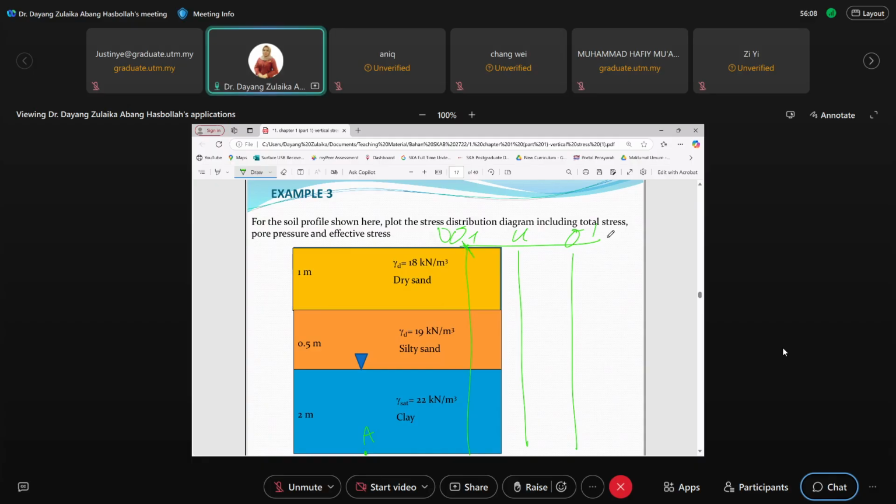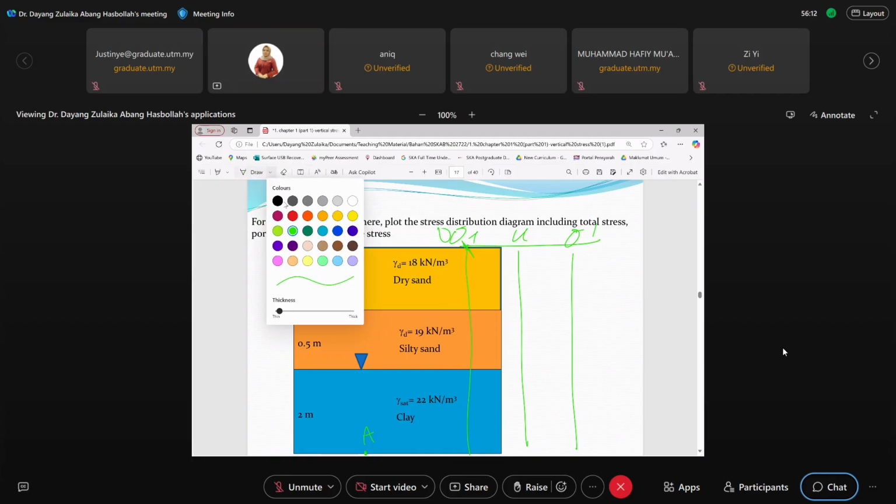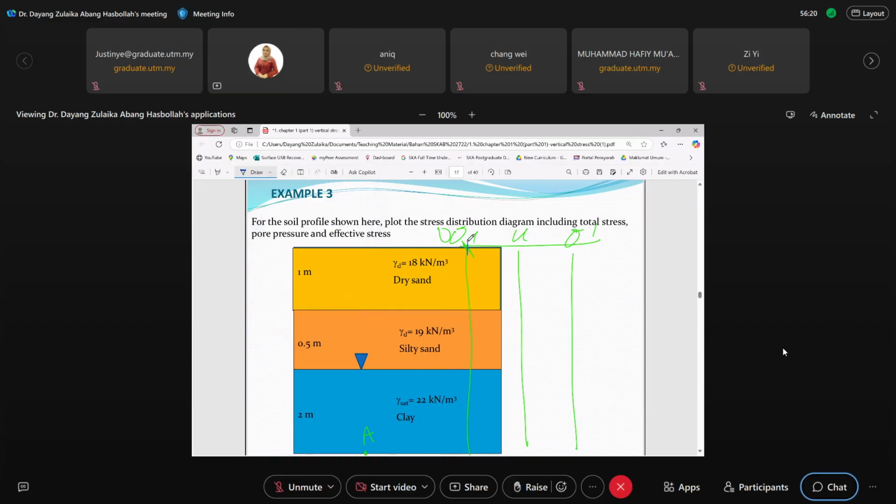Okay, let's change the color. 0 to this layer, we have 18 times 1, correct? So we have 18.